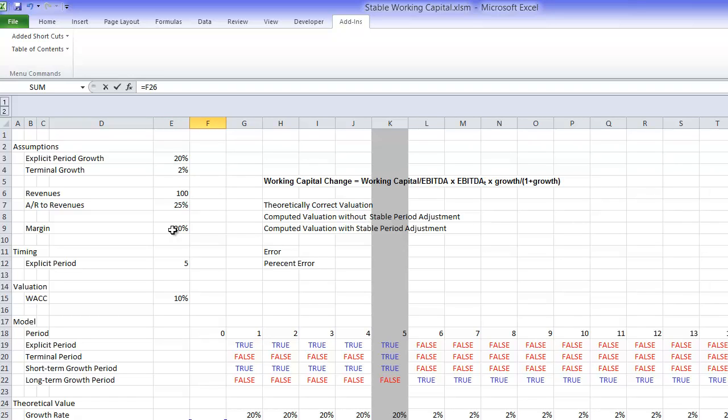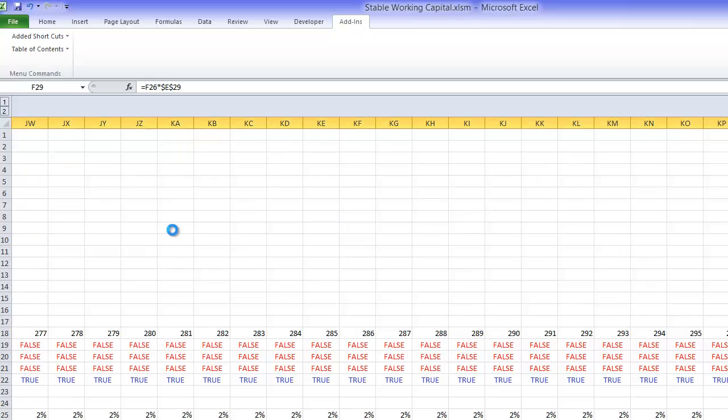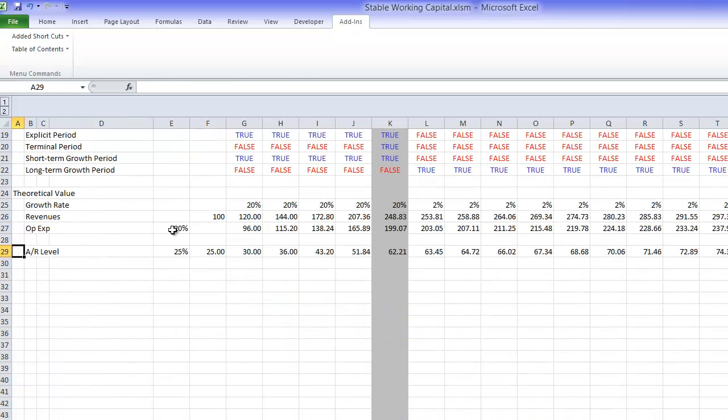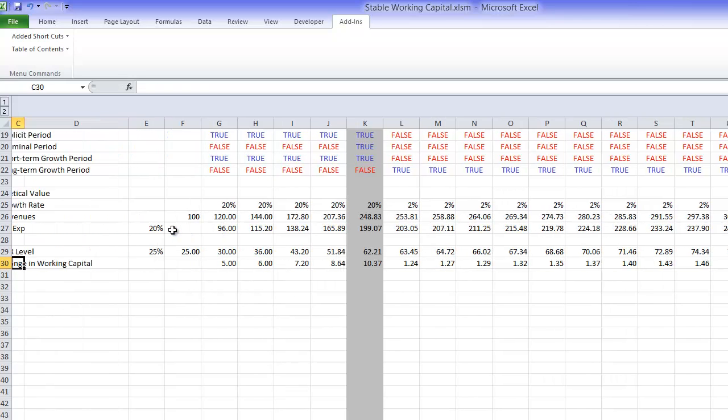Okay, and this time we put it in the base year. Then we can put our change in working capital, which is just this period minus the last period.